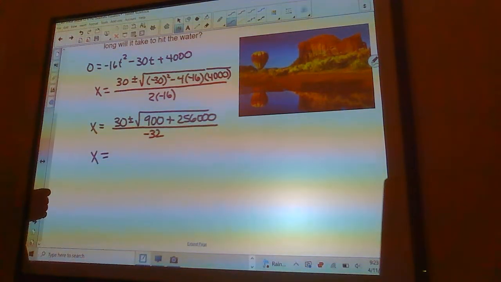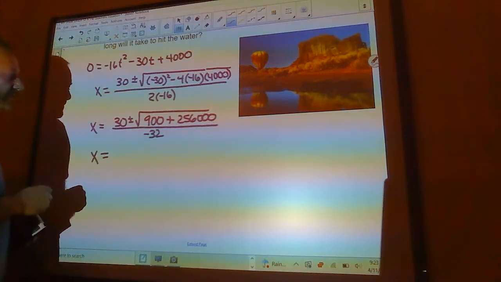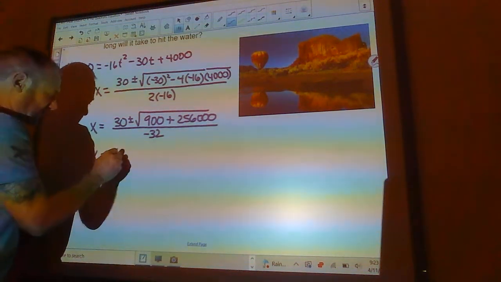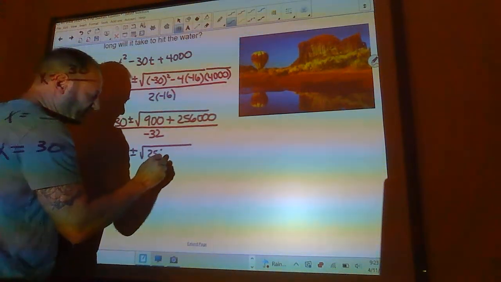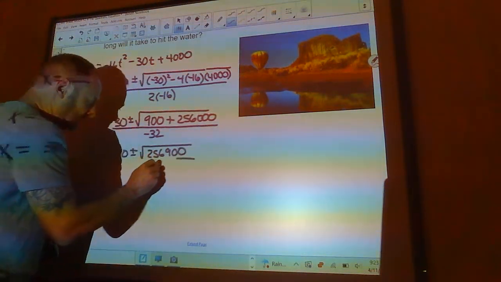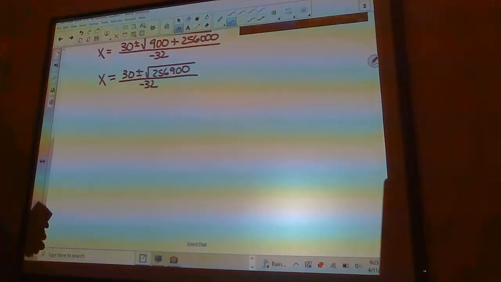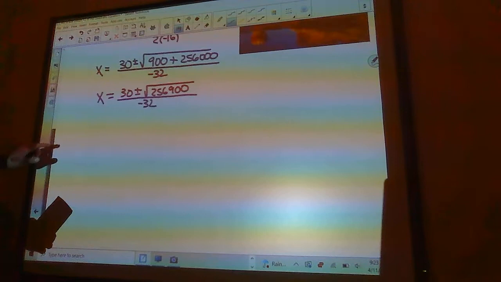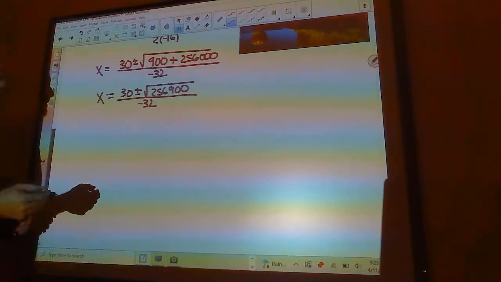Okay. Now, so this is going to be 30 plus or minus the square root of 256,900 all over negative 32. Now, here's the thing, I'm going to want the positive answer to this. I don't want the negative. There's two answers to these problems, okay?